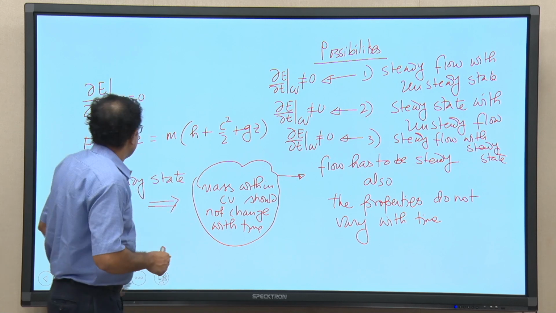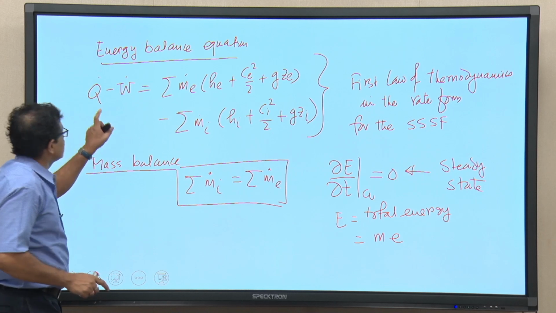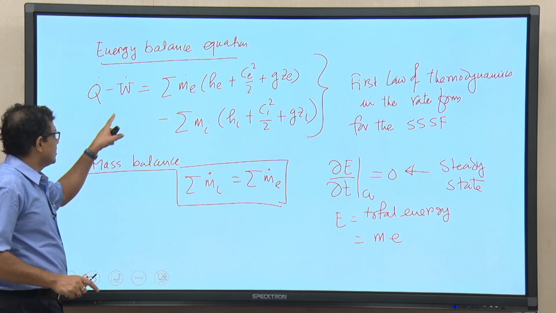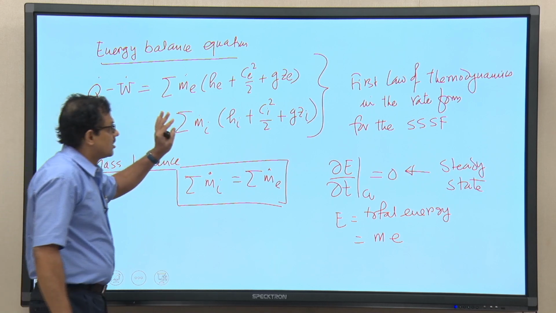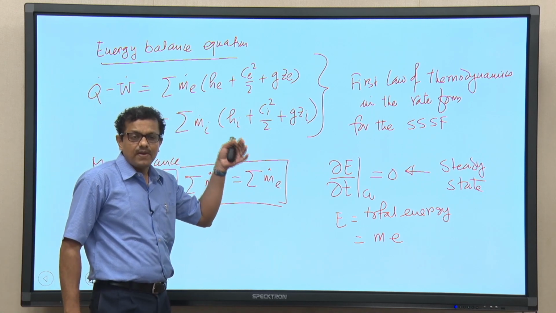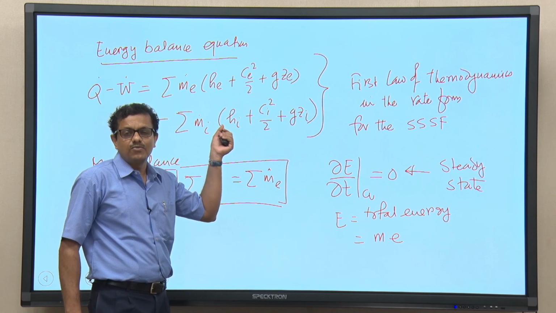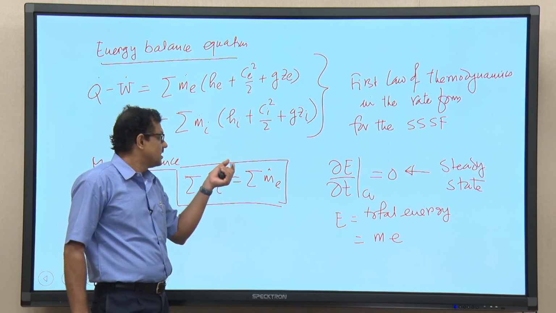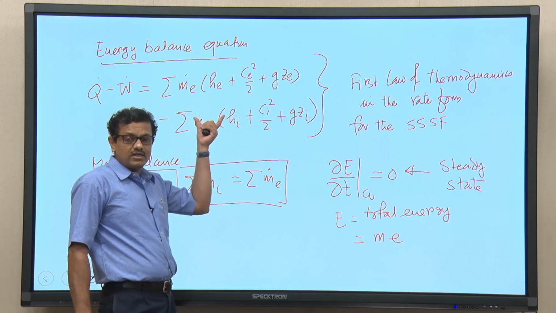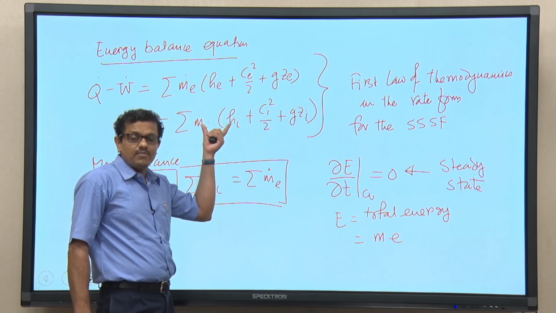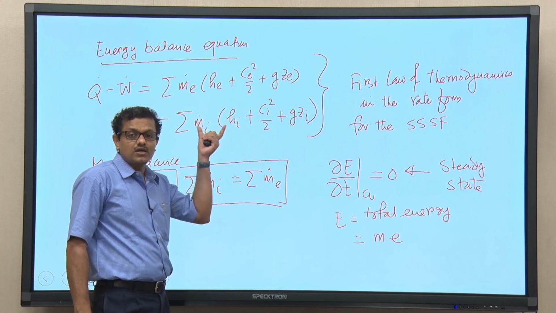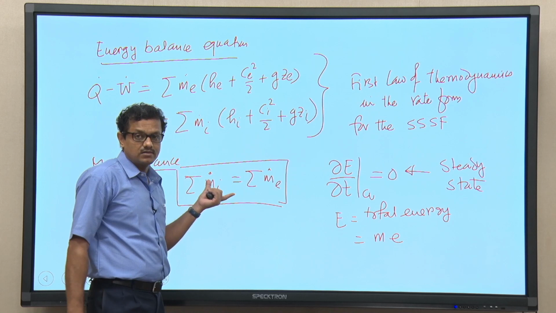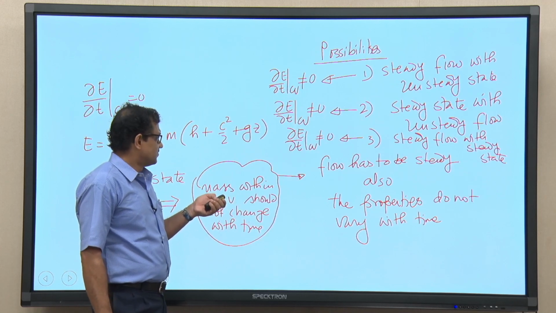So, whatever we have written, the energy balance equation, that is the first law of thermodynamics in the rate form, is applied to the steady state, steady flow process across the control volume. To attain this equation, this energy balance is not a balance in an isolated manner, but it has to be coupled with the mass balance, right.